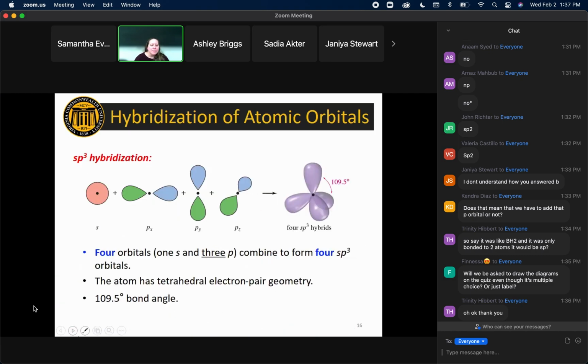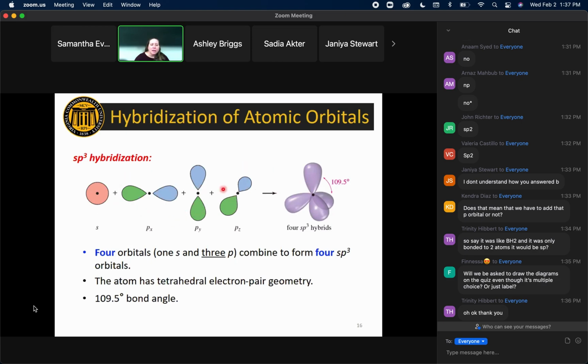Okay, let's keep going to sp3. So here's sp3. This is the situation that happens when we need to accommodate a central atom that needs to bond to 4 other atoms, or 3 other atoms with a lone pair, or 2 other atoms and 2 lone pairs. But this is what happens when we need to spread out 4 things around an atom.